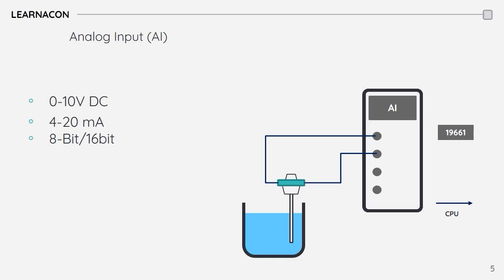A standard analog card offers compatible electronic system to measure and convert the analog signal to digital. Typical types are 0 to 20 mA or 4 to 20 mA, 0 to 5 volt DC, minus 10 to plus 10 volt DC, millivolt for thermocouples, and resistance for sensors like PT100.